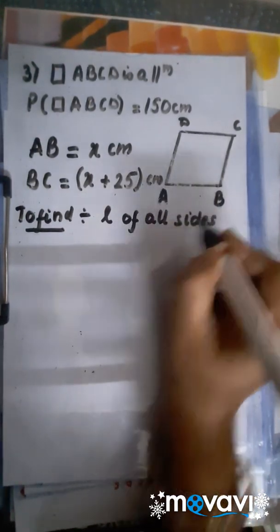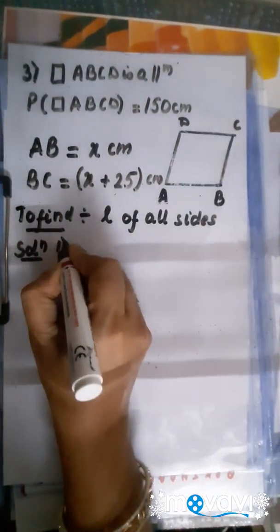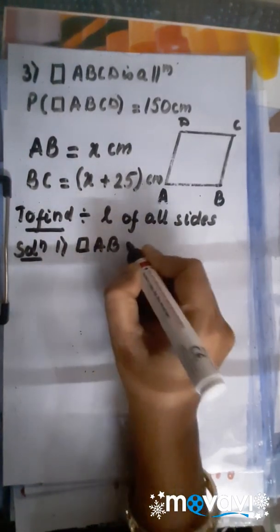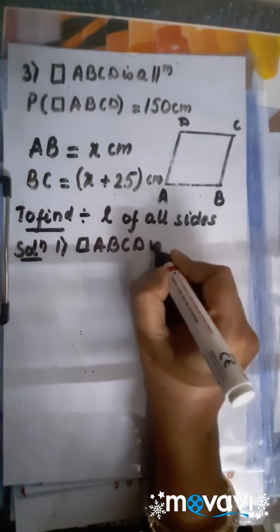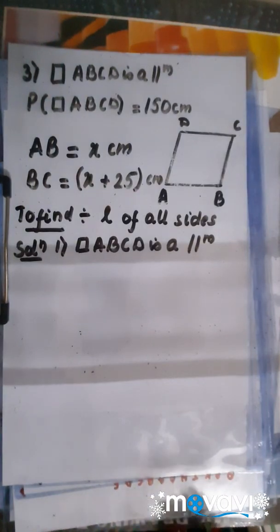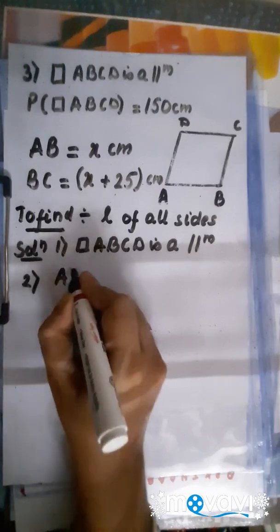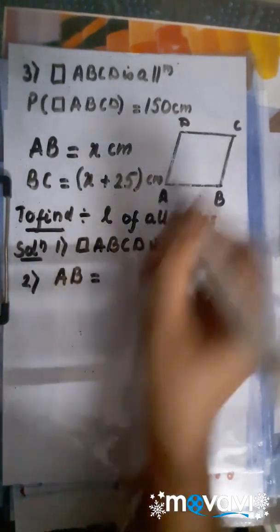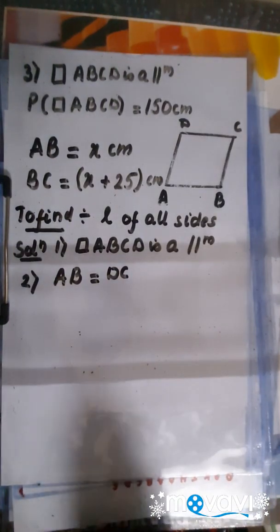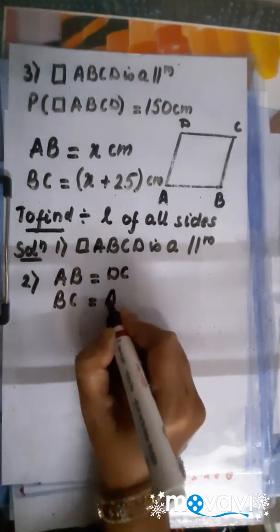Now, my first statement in the solution will be: quadrilateral ABCD is a parallelogram. Correct? Now, because it is a parallelogram, I can say AB is equal to DC, opposite sides, and I can say that BC is equal to AD.